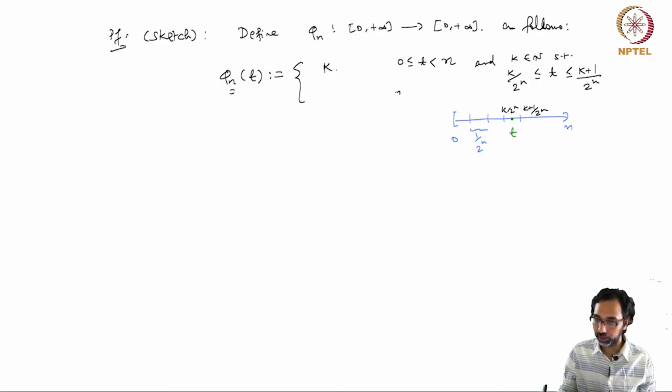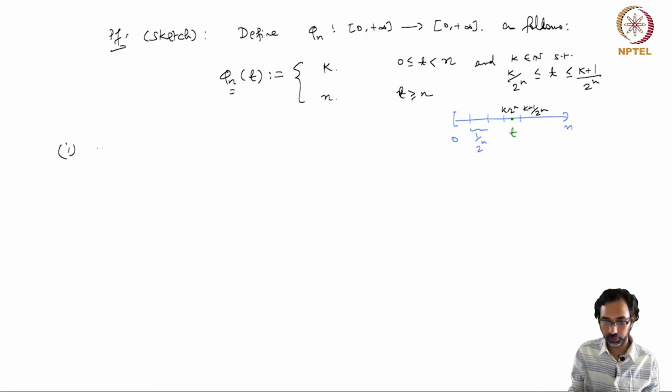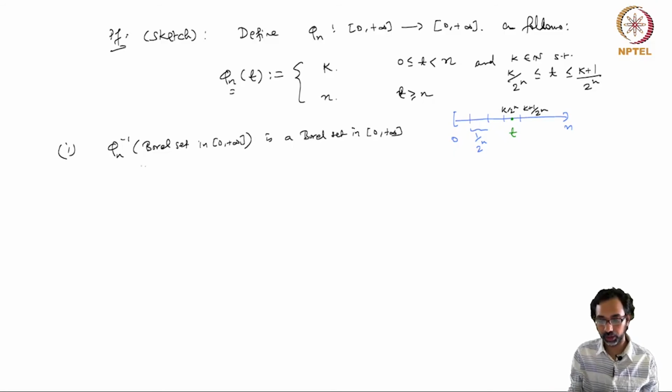And then if t is greater than or equal to n, we just set it as n. First, note that phi_n inverse of a Borel set in [0, +infinity] is a Borel set in [0, +infinity]. In other words, phi_n is a Borel function.